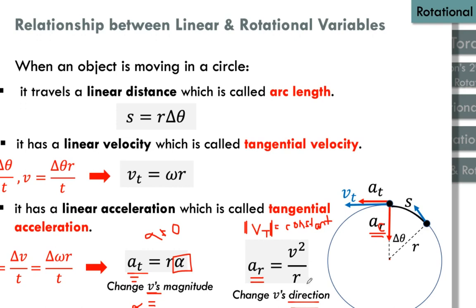If only the direction changes and the speed is constant, alpha is equal to 0, so the tangential acceleration is equal to 0. The only component of acceleration would be the radial or centripetal acceleration, which we can determine by squaring the tangential velocity and dividing by the radius of the circle.